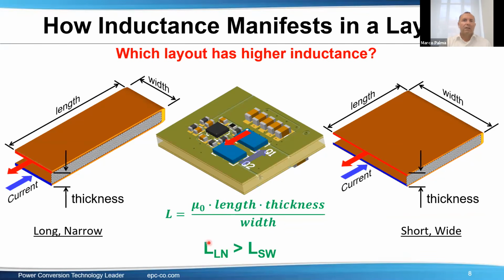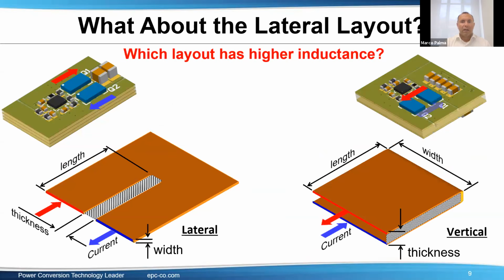You can see that on this one the length is higher, and inductance is proportional to it, while the thickness is the same and the width is smaller. So this one has higher inductance. So wider is better.